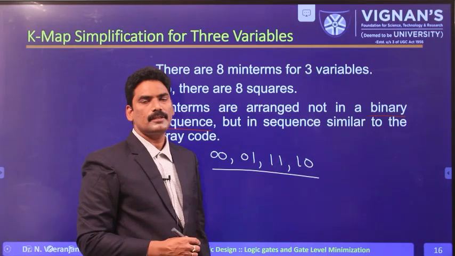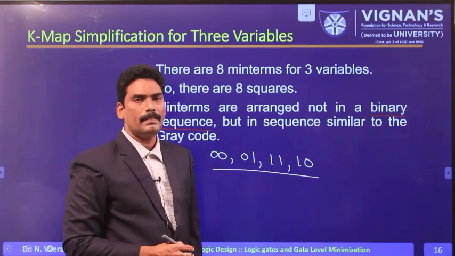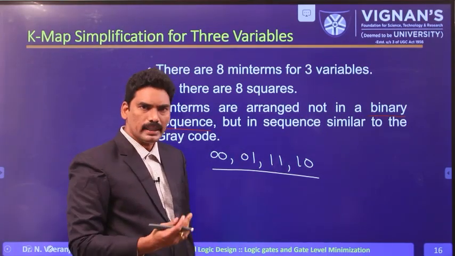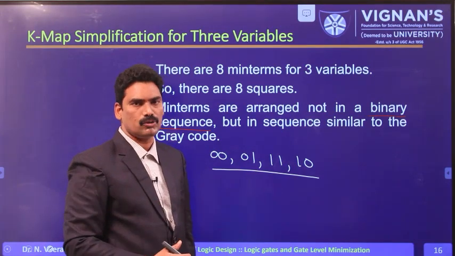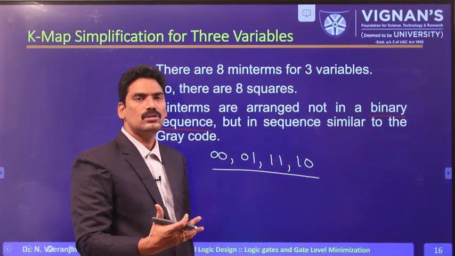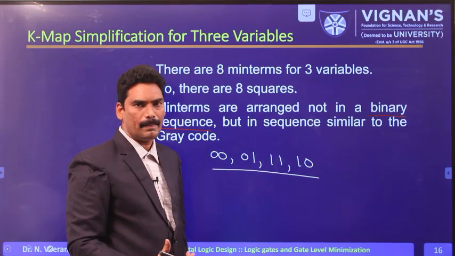Now coming to our topic, this is the 3 variable K-map. How many squares will be there? 8 squares, 2 cube, that is 8 squares. See how to draw that 3 variable K-map.